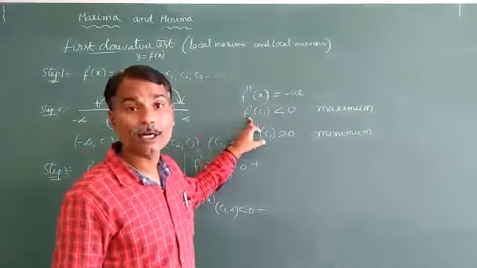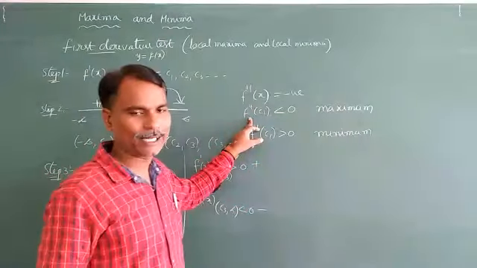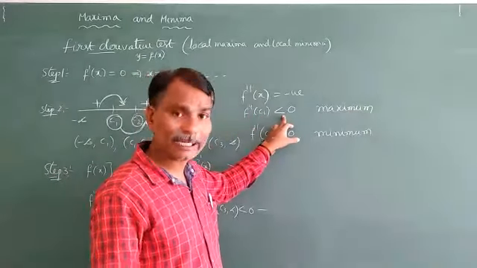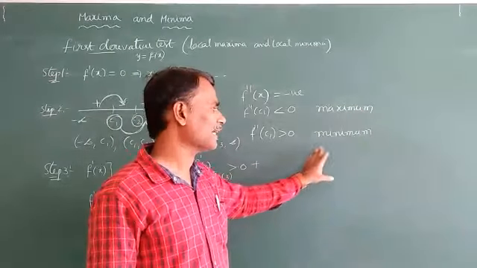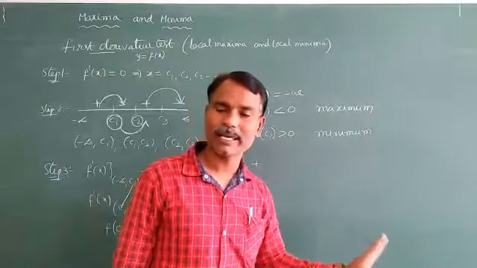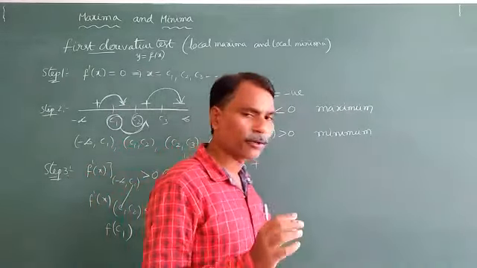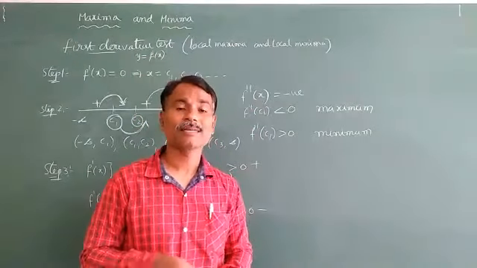Directly go for the double derivative of the function, put the value there. If you get negative, write maximum. Positive, write minimum. Okay? So guys, I will give some steps to find maximum, minimum.